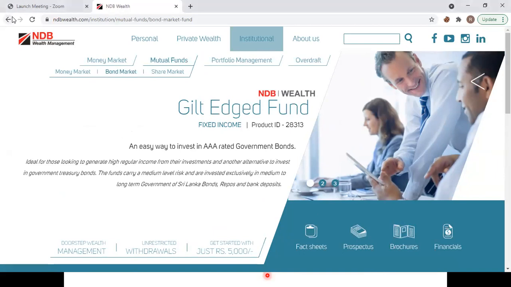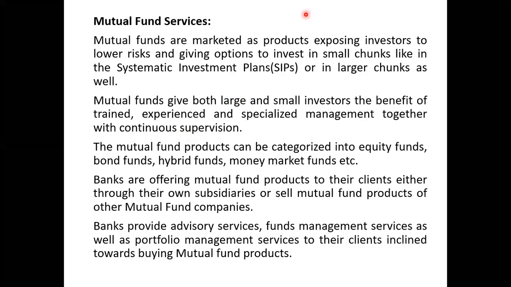So there are other mutual funds in Sri Lanka, right? And mutual funds are marketed as products exposing the investors to lower risk and giving the option to invest in small chunks, like in systematic investment plans, or in large chunks as well.